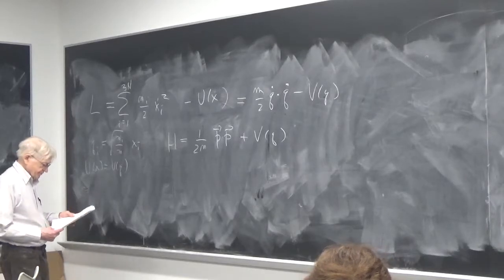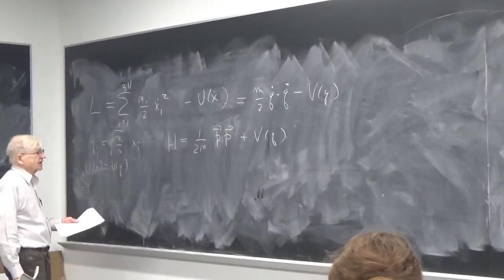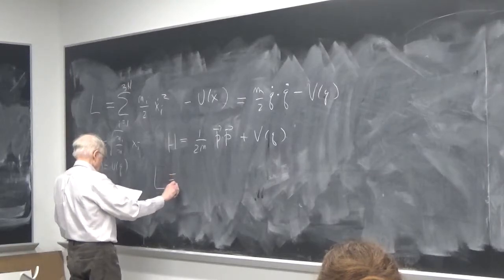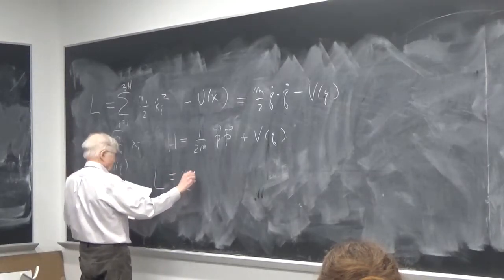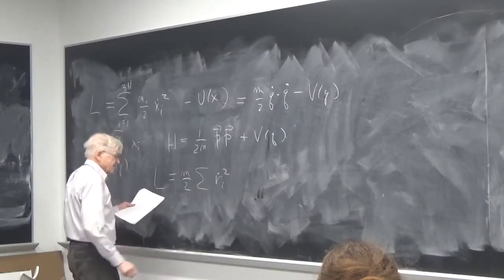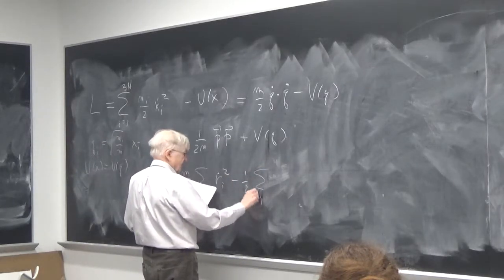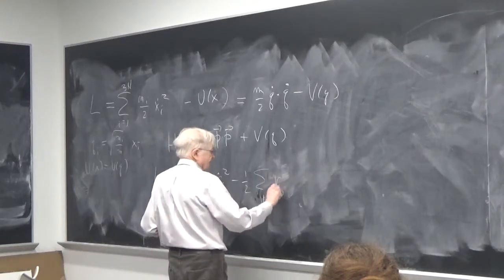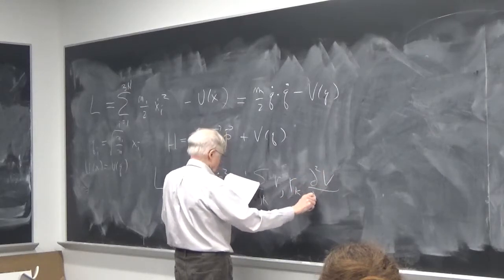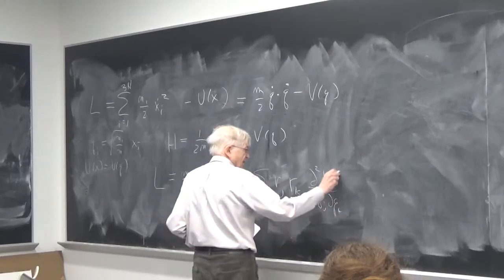And so then what one can do is expand the Lagrangian in this way: m over 2 r_i dot squared summed over i, minus a half sum over j,k of r_j r_k times the second derivative of V with respect to q_j q_k at the minimum.